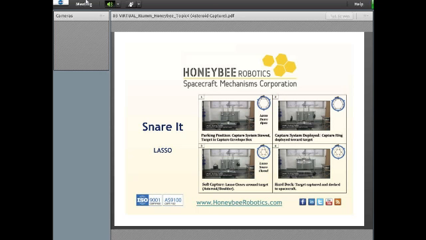And so this is our LASSO concept. Again, it was initially designed for spacecraft docking, and we feel like it could be modified and applied to either pulling small boulders off of a rubble pile or off of a larger asteroid, or even scaling up to a much larger system and capturing the entire asteroid.